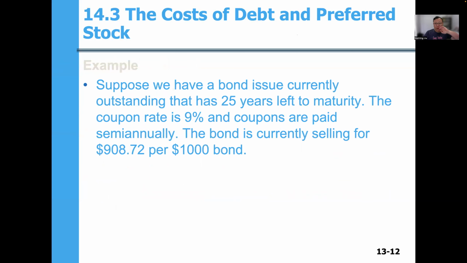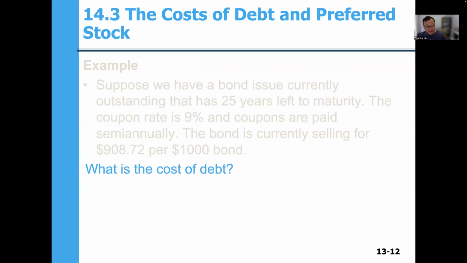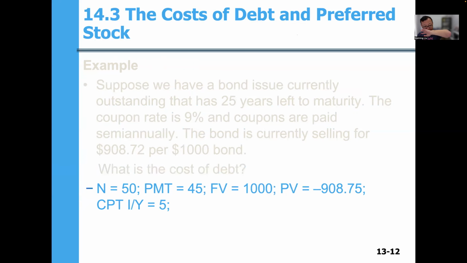So here's one example. Suppose we have a bond currently outstanding that has 25 years left to maturity. The coupon rate is 9%, and the coupons are paid semi-annually. The bond is currently selling for $908.72 per $1,000. What's the cost of the debt?